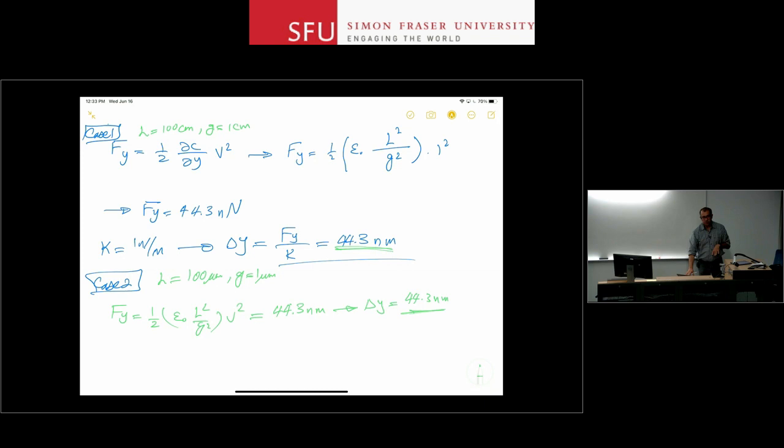The last part of the question says, let's assume that you have these electrodes on top of each other, and each one of them is moving by whatever displacement we calculated. It turned out to be 44.3 nanometers. The frequency of these movements, at macro scale, I use 1 hertz. That's relatively fast for the gap between the two 1 square meter plates changing at 1 hertz.